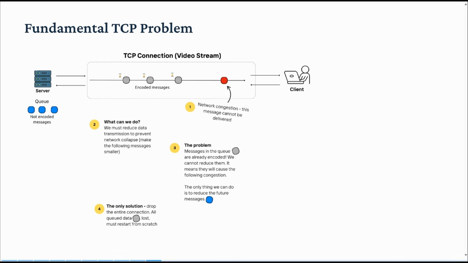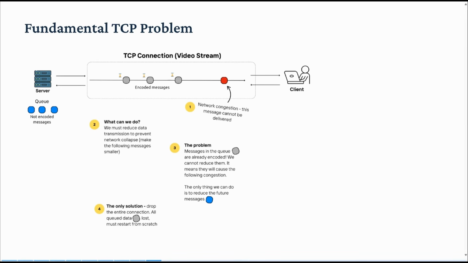Let me show you what happens in practice. You have a server with encoded messages sitting in a queue, ready to be sent to the client, but then network congestion happens. One message can't be delivered because the network is overloaded. What can we do? We must reduce data transmission to prevent network collapse. But here's the problem. Those messages in the queue are already encoded. We cannot reduce them or modify them.